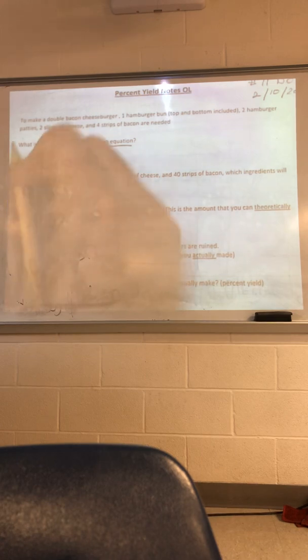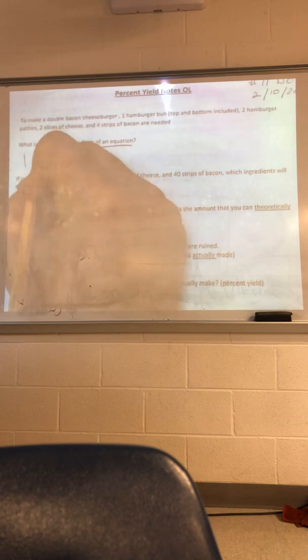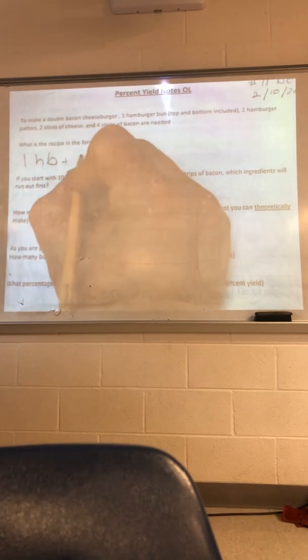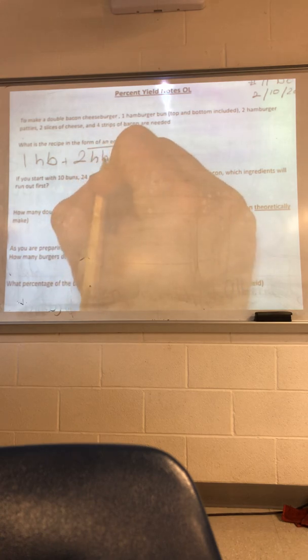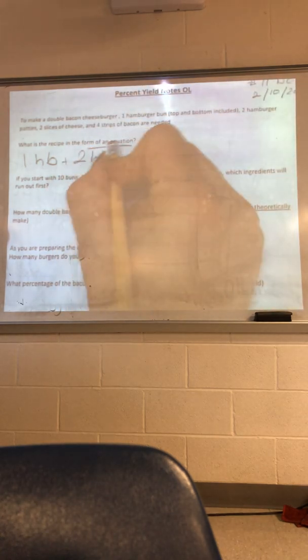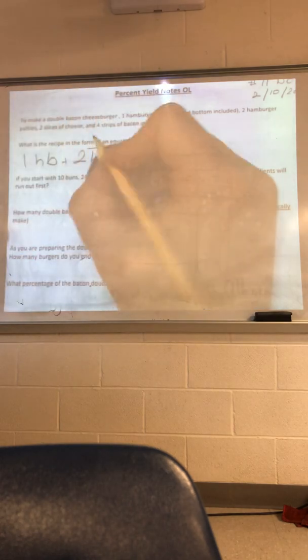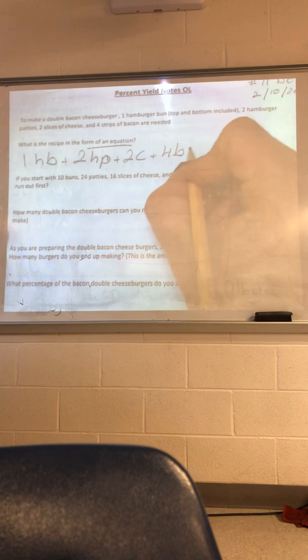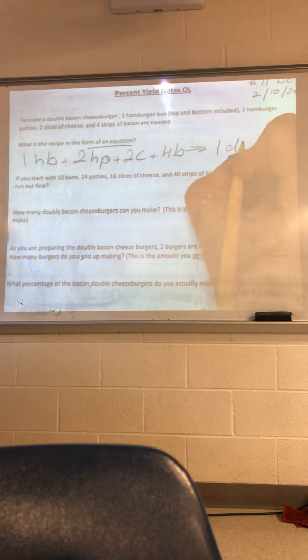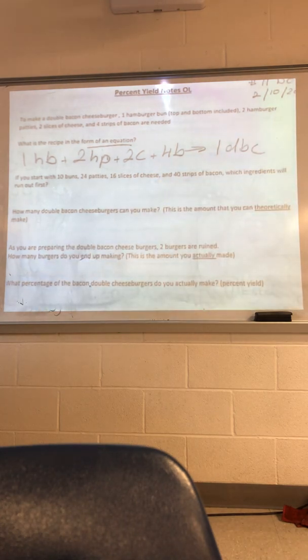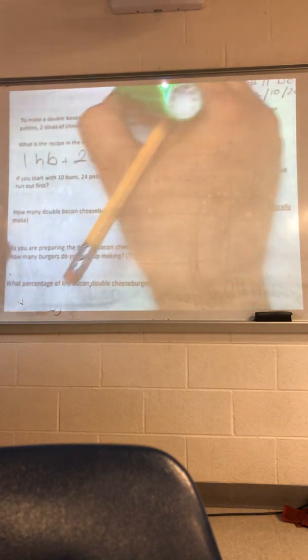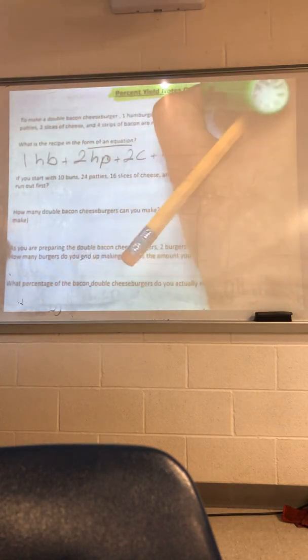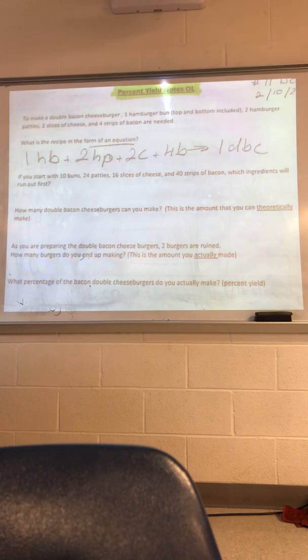Okay, the recipe is 1 hamburger bun plus 2 hamburger patties, sorry, that's a P, plus 2 cheeses, plus 4 pieces of bacon makes 1 double bacon cheeseburger. Do we have this down? Okay, so this is your equation.